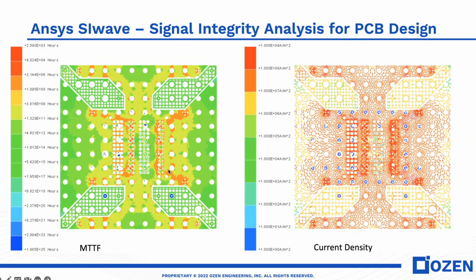After 2,590 hours, you can expect electromigration failure in these red zones here. So you will be able to plot mean time to failure in SIwave along with other plots like the one that you see on the right-hand side, the current density. And you can see that current density is really high at the same location where we are seeing mean time to failures of really hours of the order of 2,000.